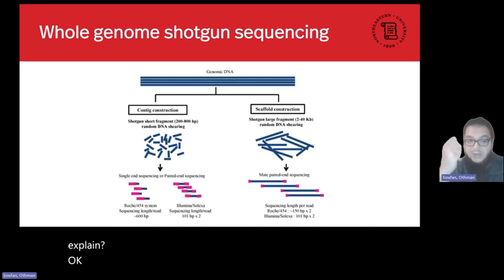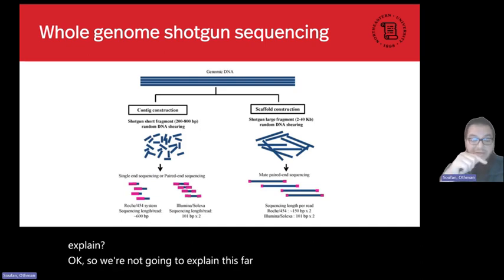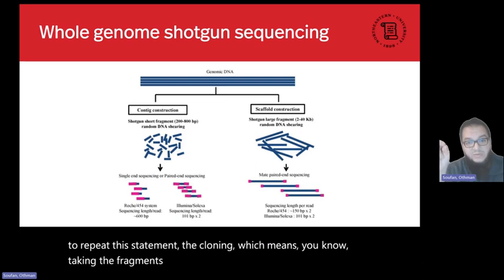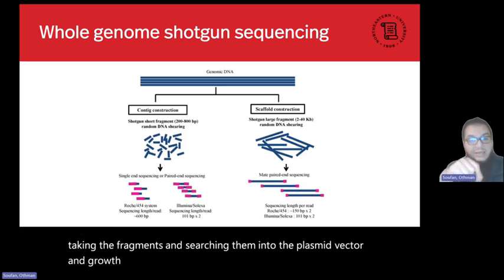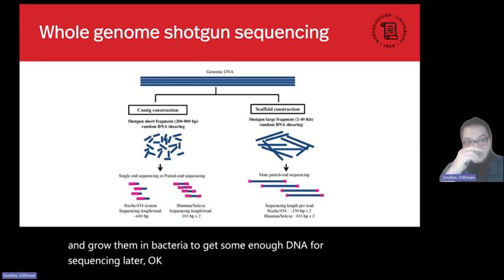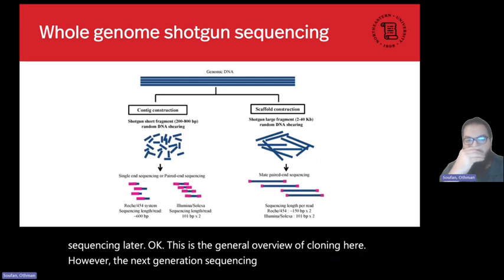The cloning means taking the fragments, inserting them into the plasmid vector and growing them in bacteria to get enough DNA for sequencing later. This is the general overview of cloning. However, in next generation sequencing, it can often be bypassed.